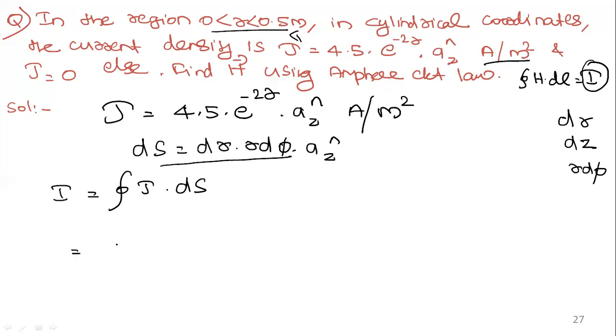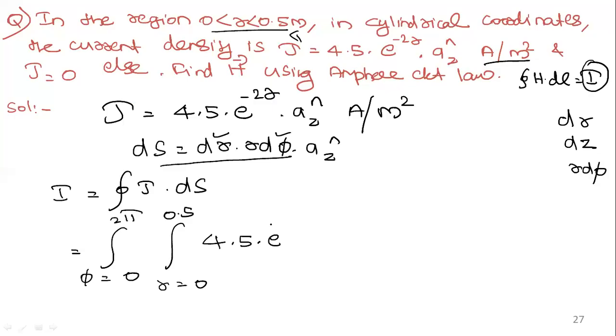Now we need to do integral phi equal to 0 to 2 pi, integral R equal to 0 to 0.5, because we have d phi as well as dr. Both limits for R are given and phi will be from 0 to 2 pi. So you substitute it here: 4.5 into e raised to minus 2r, don't take 4 into 5, it is 4.5, into az, dot product with dr r d phi az.